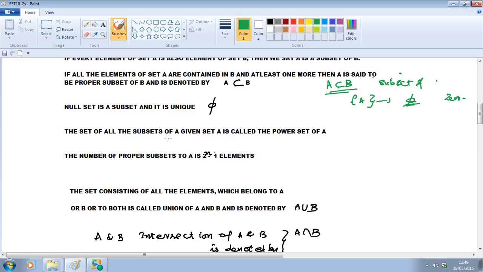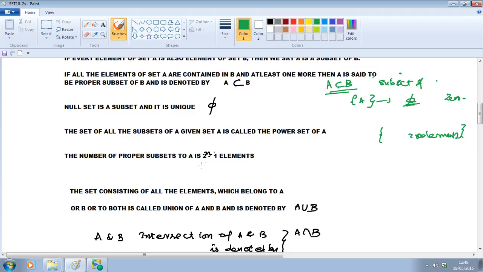The set of all subsets of a given set A is called the power set of A. So how many subsets are there? Suppose we have some 20 elements. We can make many subsets: taking 2 at a time, 3 at a time, 4 at a time, 5 at a time, or different combinations.